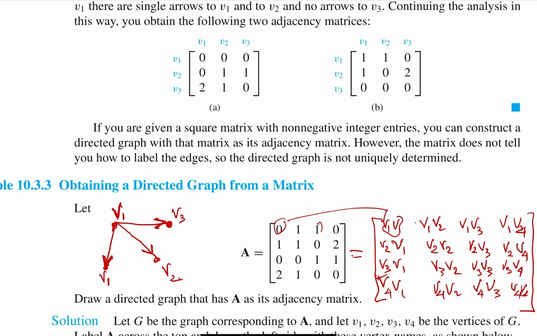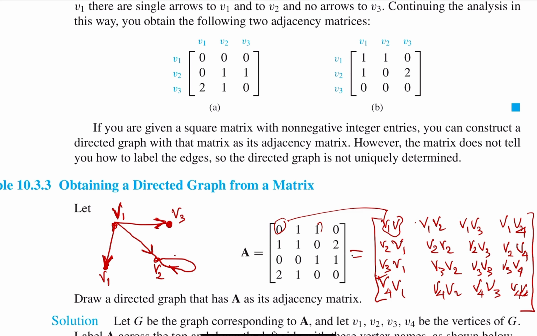V2, V2, we have one. What does it mean? We have a loop at the vertex V2. V2, V3, we have 0.